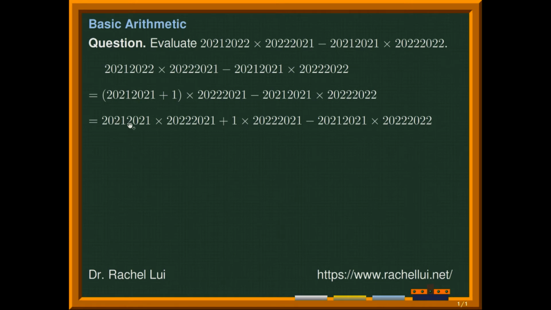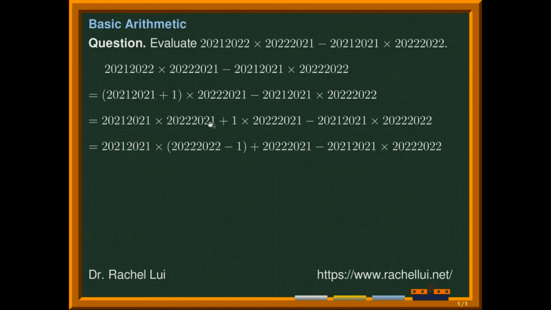Then right now I got this term, 2021,2021 times 2022,2021, which is not exactly the same as this one. So what I'm going to do is I'm going to change this term into something which looks like this one. So the next step is I change 2022,2021 into 2022,2022 minus 1, and I kept the remaining the same.